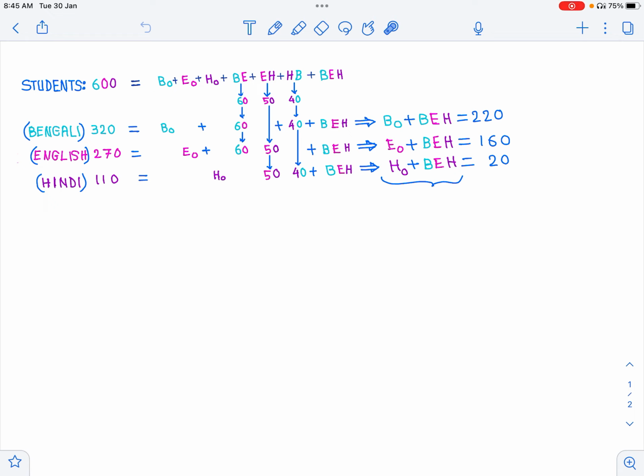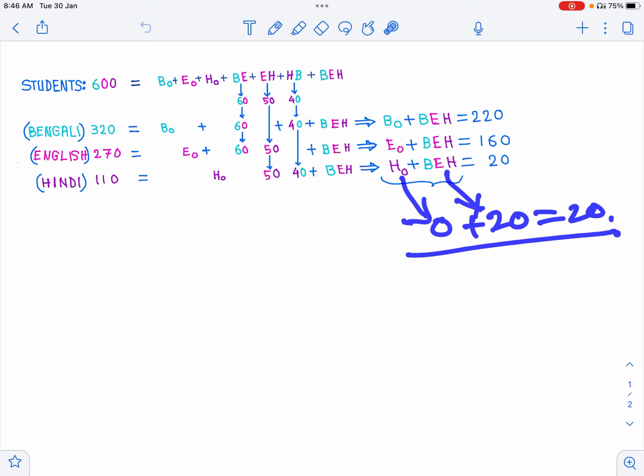So at most, if we have to find out the maximum number of those students who learn these three languages, then it is possible that its maximum number may be 20 when H0 is 0, isn't it? If H0, that means the number of those students who learn only Hindi, is 0, then H0 plus BEH is 20, isn't it?